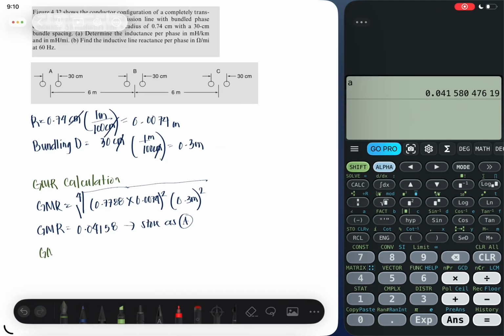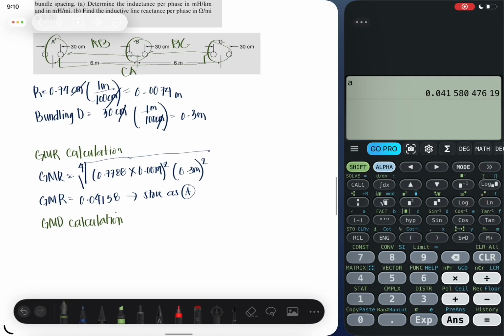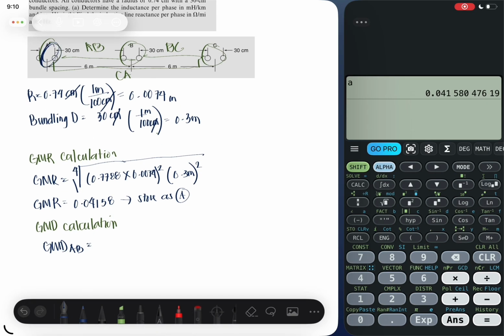In power system analysis, geometric mean distance, or GMD, measures the effective spatial distance between the different phases of a transmission line. GMD mathematically blends all of these varying distances into a single, uniform equivalent value.